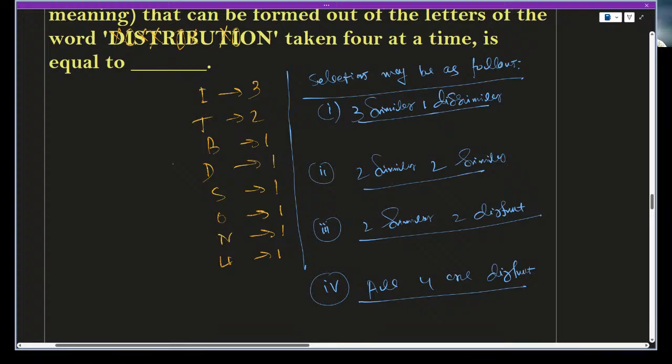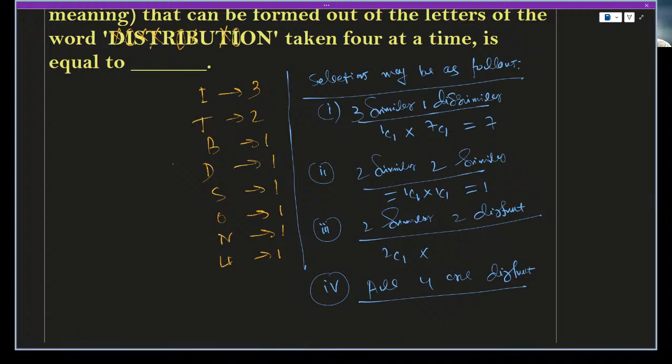So 3 similar, 1 different. Out of 3, you are taking 1 only. And 1 different means from these 7, you are taking 1. 7. 2 similar, 2 similar: just 1 pair and 1 pair. Only 1 case. 2 similar, 2 different: out of 2 pairs, you are selecting 1, and then from 7, you are selecting 2.